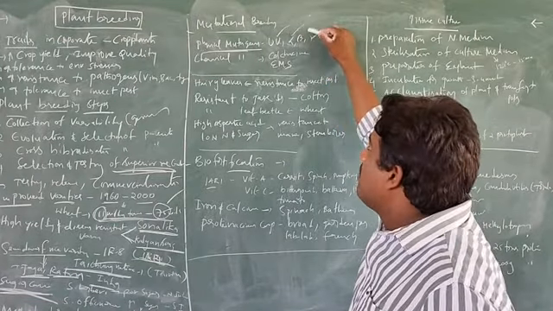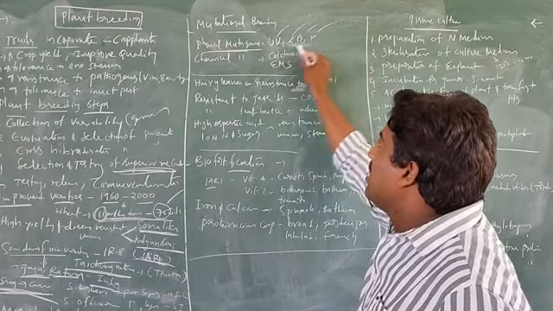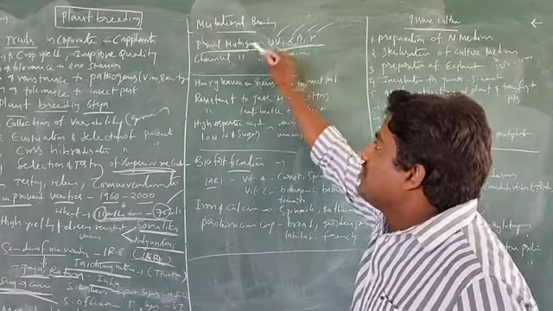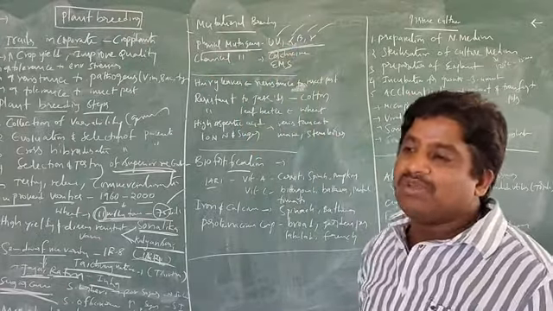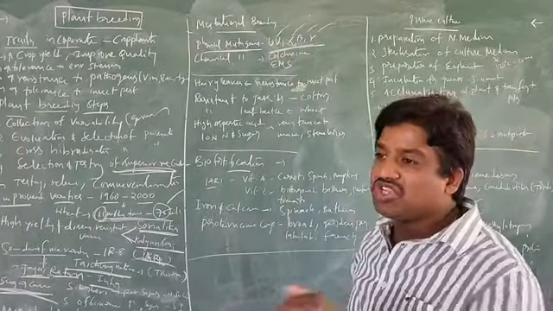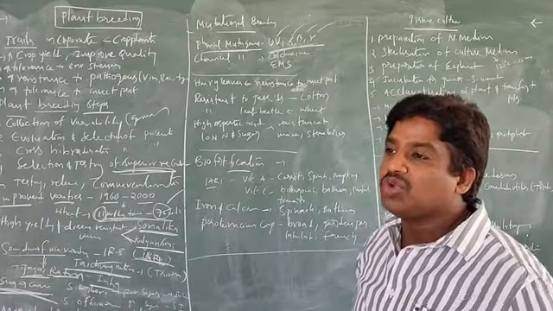Alpha, beta, gamma, UV are physical mutagens, and chemical mutagens include EMS, ethyl methyl sulfonate. These can be induced into the plant, so new characters arise.